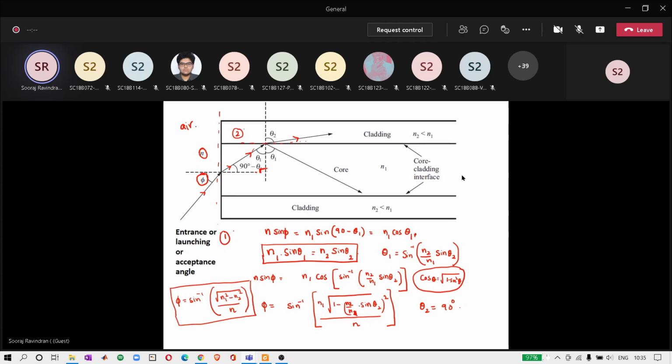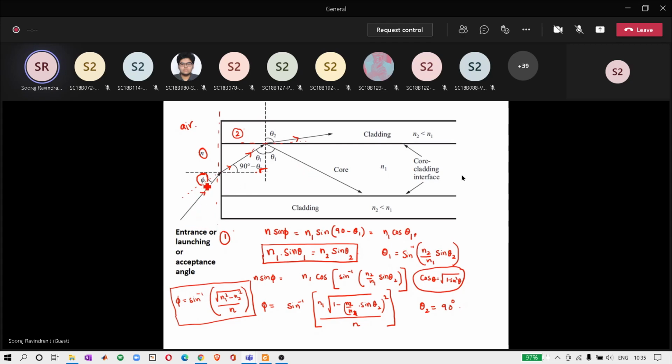Now the physical significance or the physical importance of this value phi is that any ray of light which enters the fiber core at an angle less than phi would undergo total internal reflection. That means if I am launching at an incident angle less than phi, it's going to undergo total internal reflection.